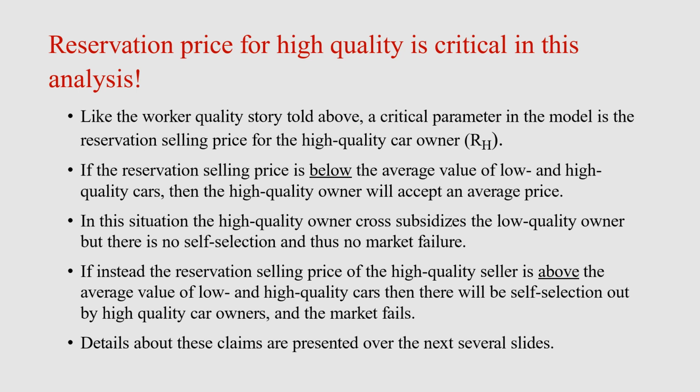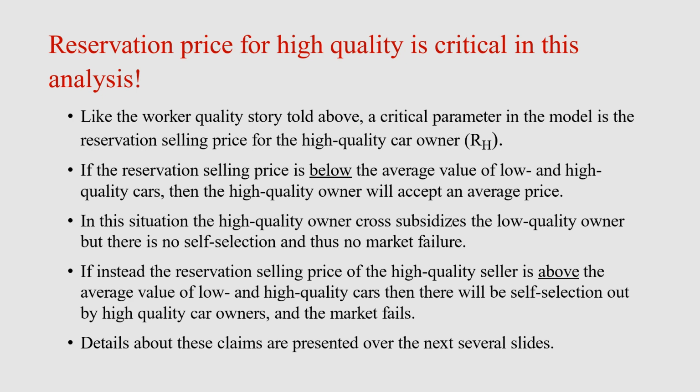In this situation, the high quality owner cross-subsidizes the low quality owner, but there is no self-selection and thus no market failure. If instead the reservation selling price of the high quality seller is above the average value of low and high quality cars, then there will be self-selection out by the high quality car owners and the market fails.